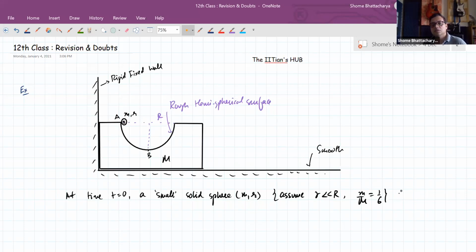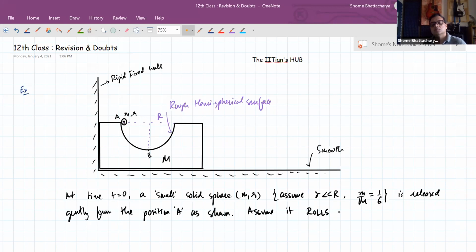Okay. So it is released gently from the position A as shown. Okay. Assume it rolls down the hemispherical surface without slipping.